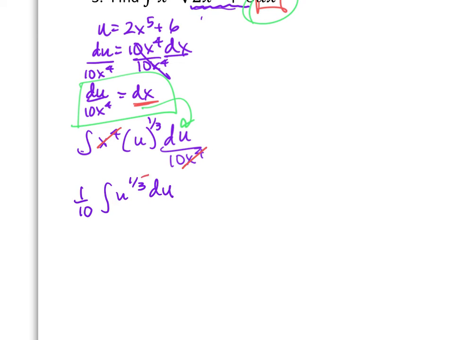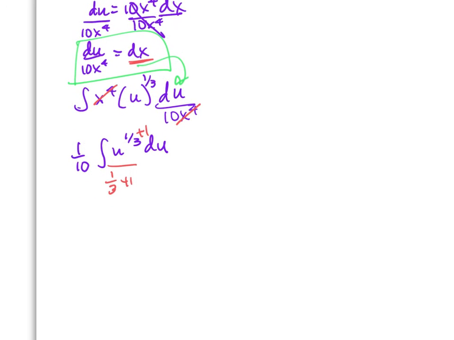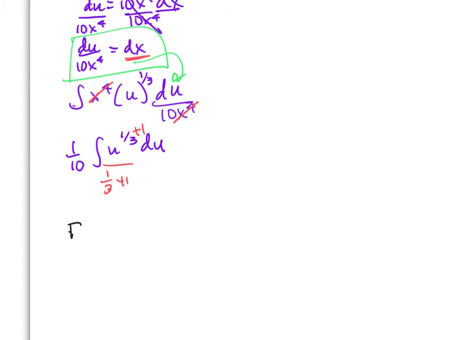And now we're doing the power up rule from here. So our function is, if I do the power up rule from that, what do I have? 4/3. So I have, let's just write this here, 4/3. And then when I flip it and multiply, I'm going to have 3 over 40 u to the 4/3 plus c.